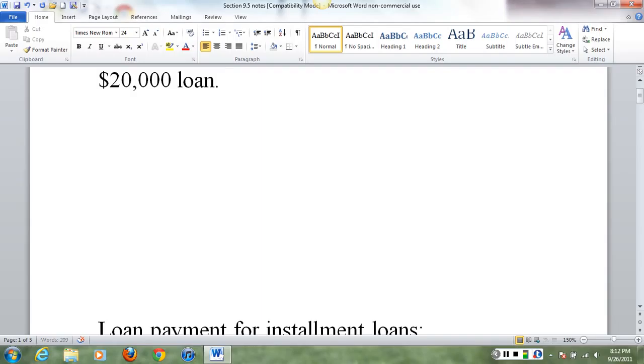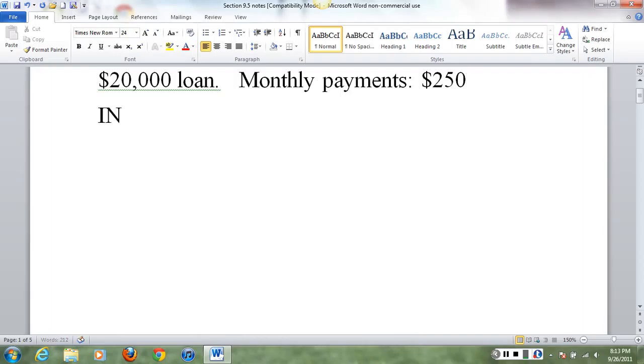Let's say your monthly payments are equal to $250, and your interest rate is 5% yearly.